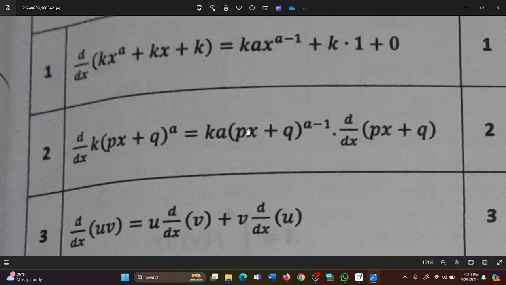We take the power in front, subtract 1 from the power, and then multiply the entire thing by the derivative of the bracket. Like here, a is the power, they put a in front, then subtracted 1 from the power, a minus 1. Then they differentiated whatever is in the bracket, px plus q. So let's do it.